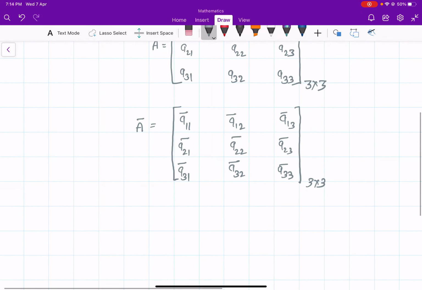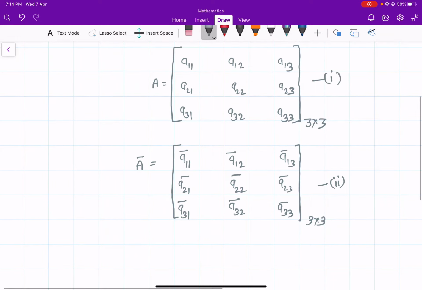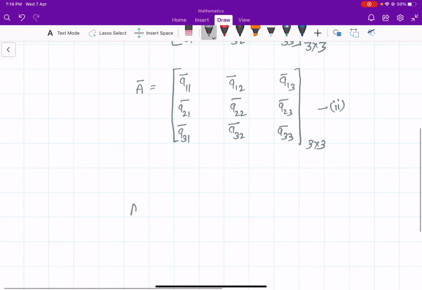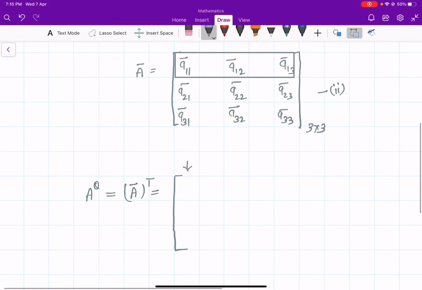Now let us find the transpose of this equation 2. Suppose this is equation 2 and this is equation 1. The transpose of A conjugate, that is the A theta matrix, is given by converting rows into columns. So this will be A11 bar, A12 bar, and A13 bar.